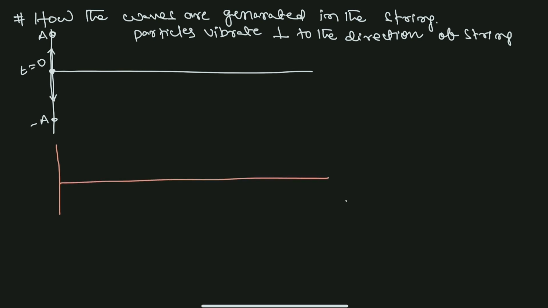It is pulled up to here, just imagine, to A, and this is minus A. When it is pulled upward, all the particles in the string will be directed upwards, because all the particles are connected to each other.